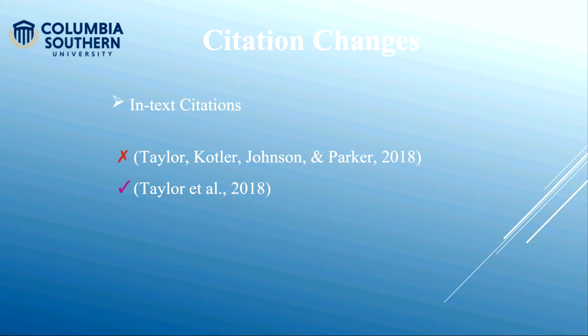That is a notation that simply means and others. You'll see here, this was a 6th edition citation with the red X by it, meaning we don't use that anymore. The 7th edition, this is an example of the same citation, but in the new format.